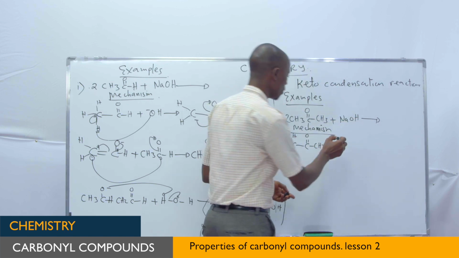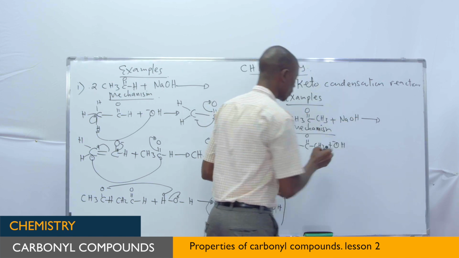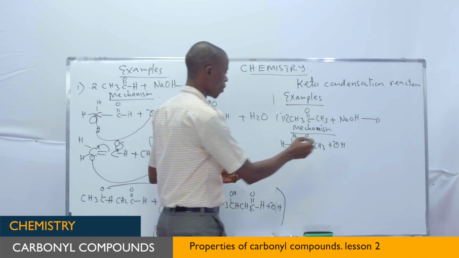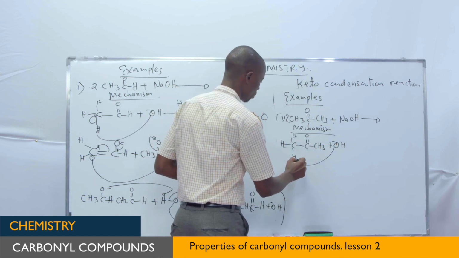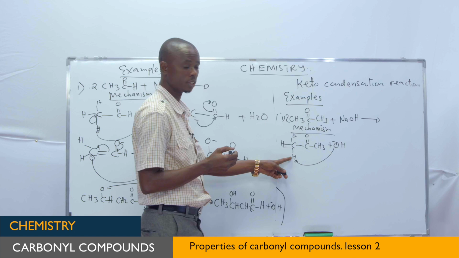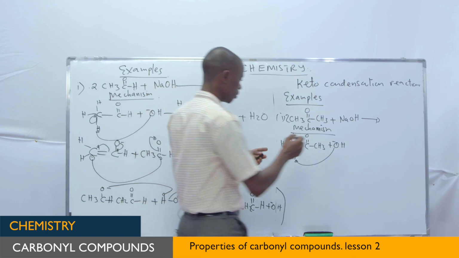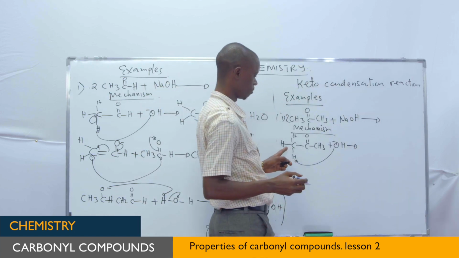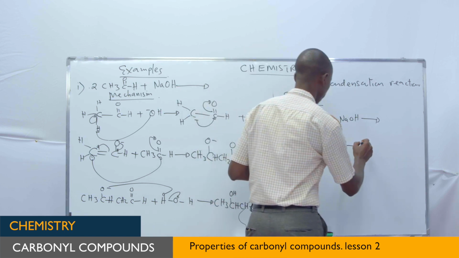Sodium hydroxide will give hydroxide ion. This one will attack this proton, the alpha hydrogen atom from the alpha carbon, to give the following.